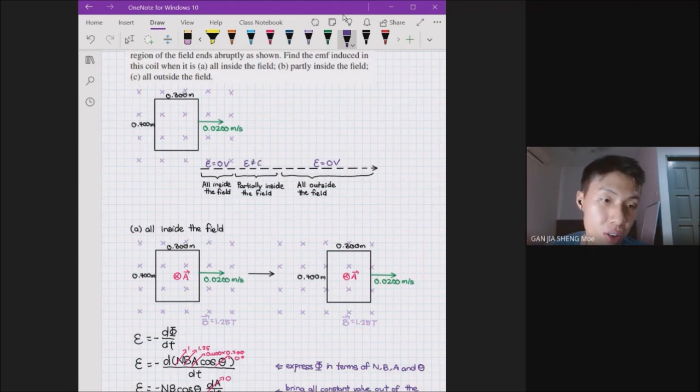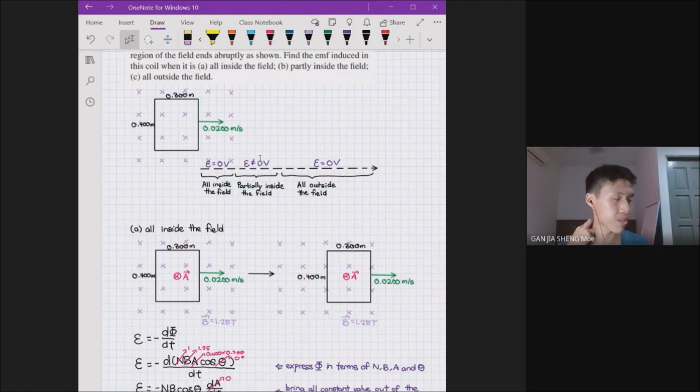When there's changing area, the induced EMF is not equal to 0. So the whole motion only has a small duration of time where you can find EMF. The initial and the final, there will be no EMF, but for a small portion of the journey, you can find the EMF to be not equal to 0.